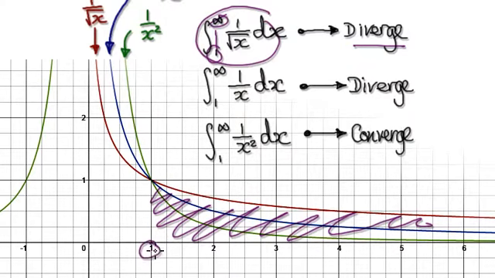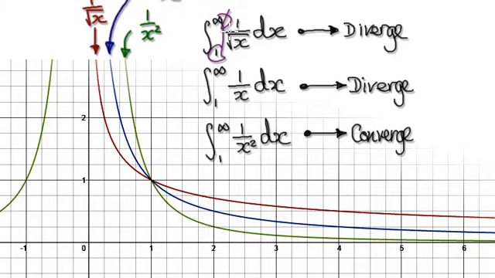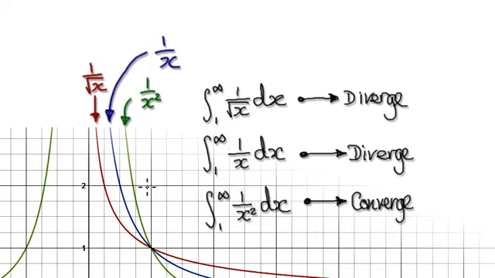If you're trying to integrate from 1 to infinity, the area will get larger and larger. And then if you look at 1 to infinity of 1 over x, that's this blue line here.